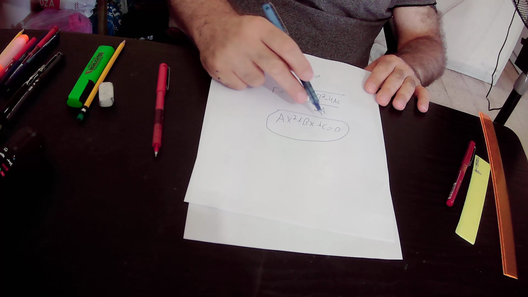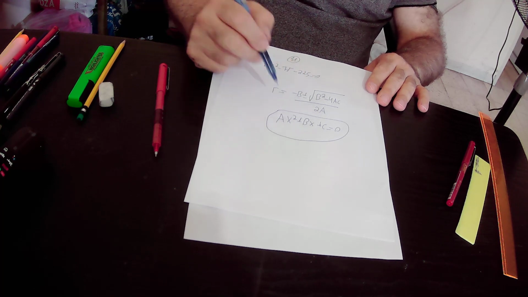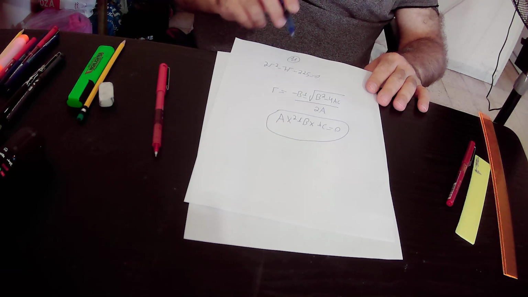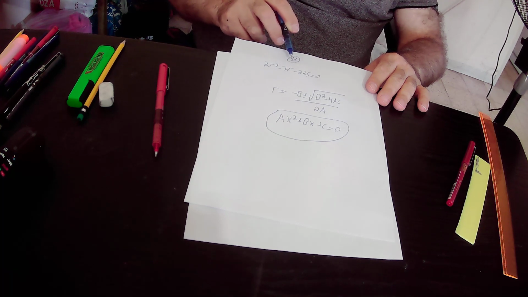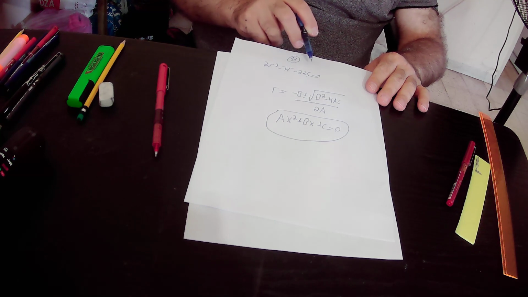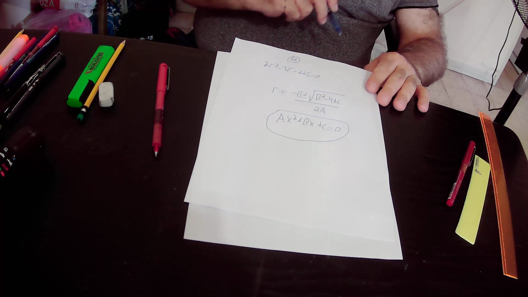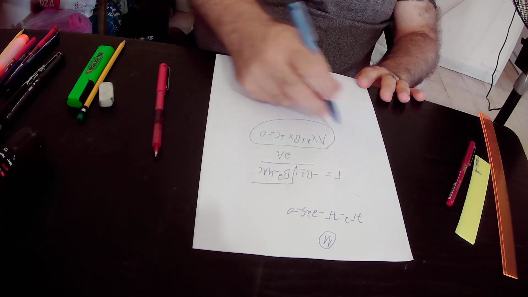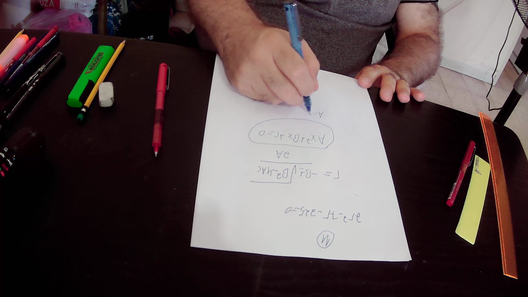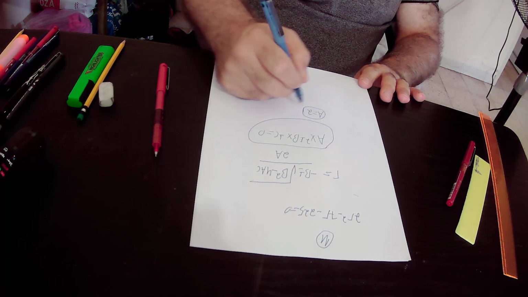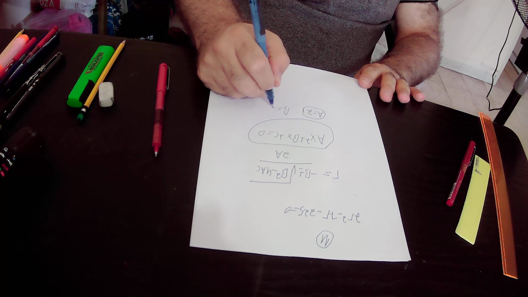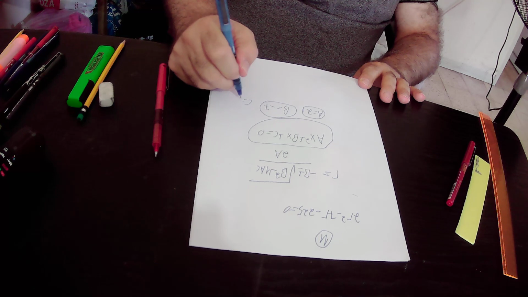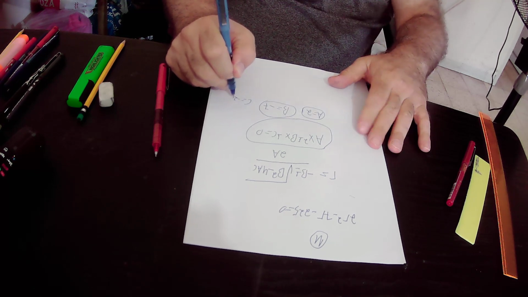So a, b, and c are the coefficients of this quadratic equation. From here we can see that a equals 2, b equals minus 7, and c equals minus 225. So I write it down. A equals 2, b equals minus 7, and c equals minus 225.